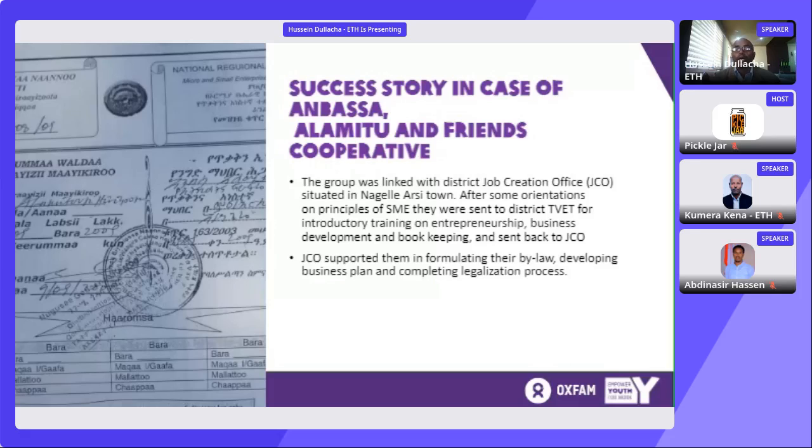After all of these are processed, the legalization process is complete and provided by the Job Creation Office.